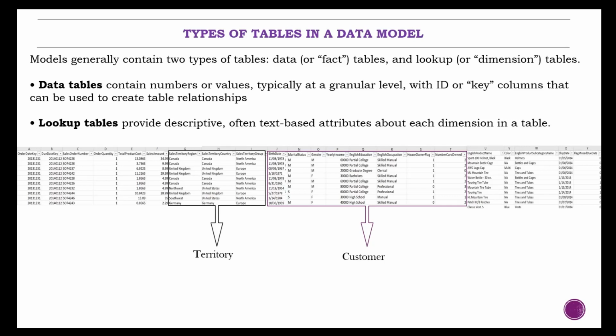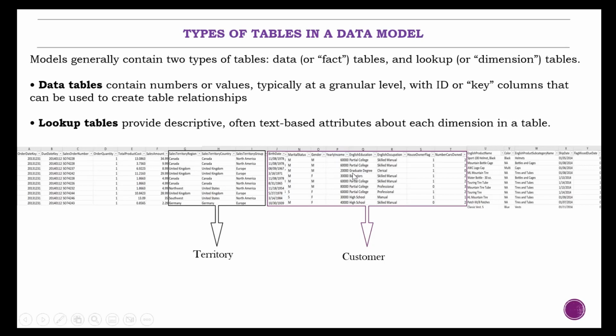Looking at this customer dimension table, you can see it's giving a description of a person, maybe the person's birth date, marital status, gender, yearly income, English occupation. This obviously gives a descriptive attribute of a person.